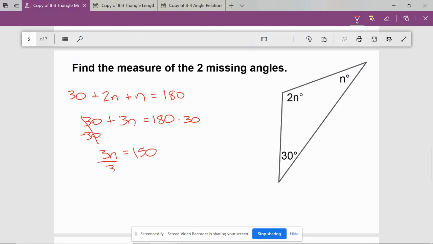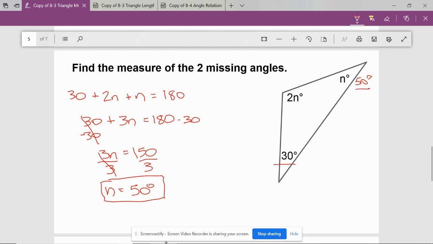So we're going to divide by 3. Whatever we do to the left, we have to do to the right. So that is going to equal 50 degrees. Okay, so we know that this is going to be 50 degrees.